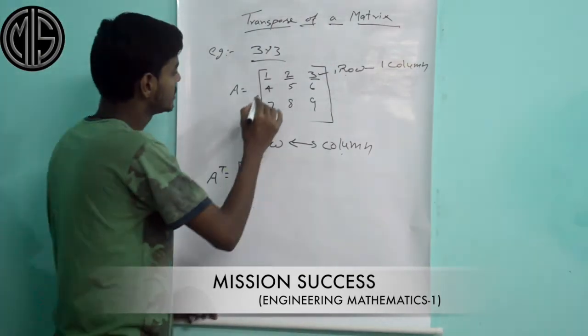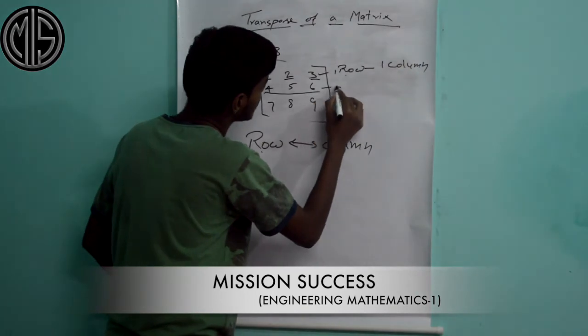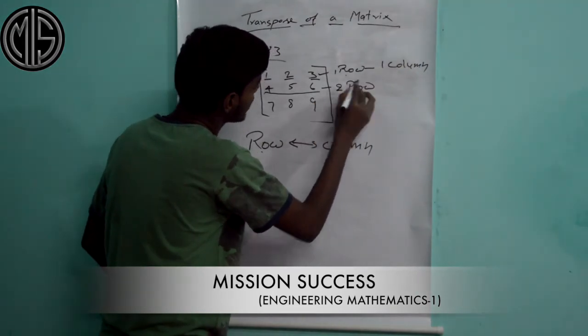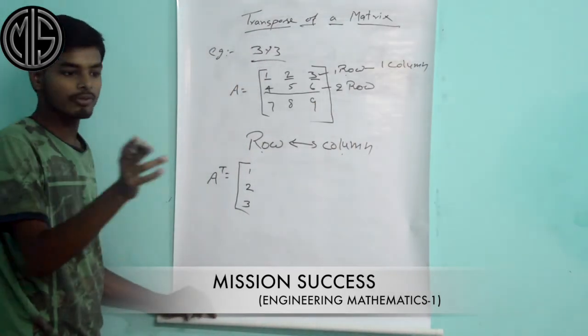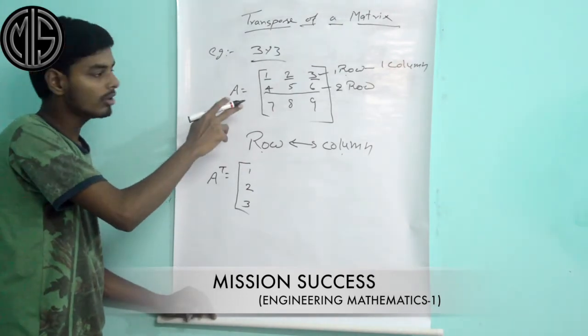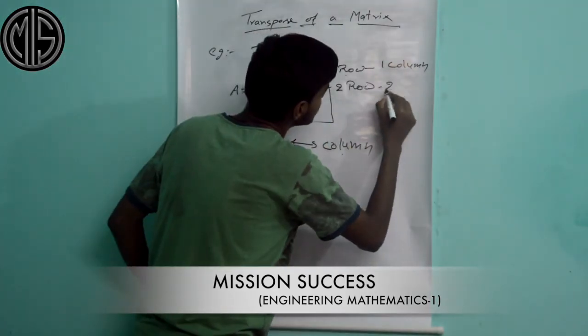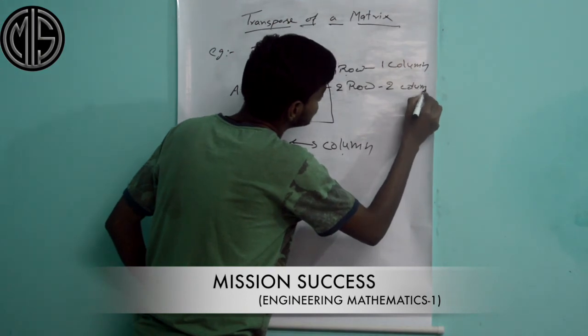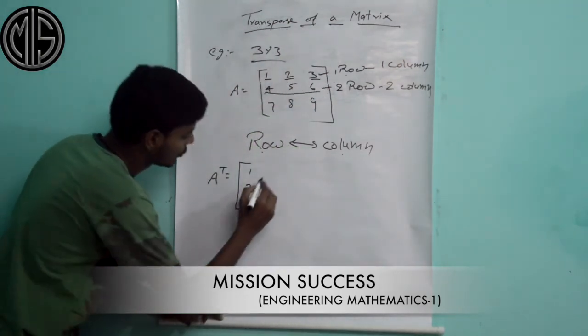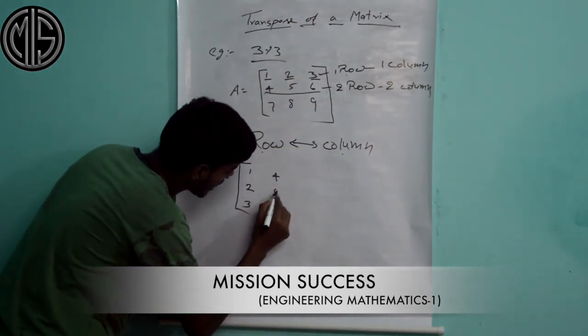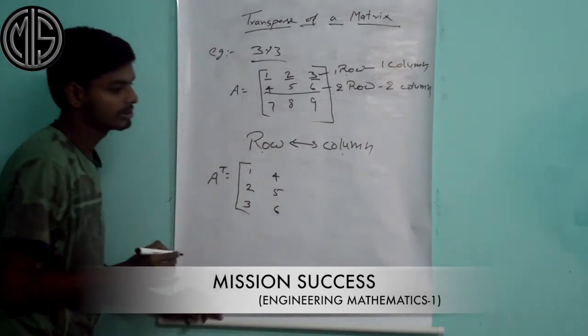Next, this second row. What we have to do? We have to convert this second row into second column. 4, 5, 6.